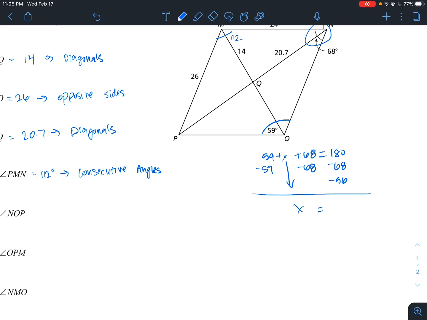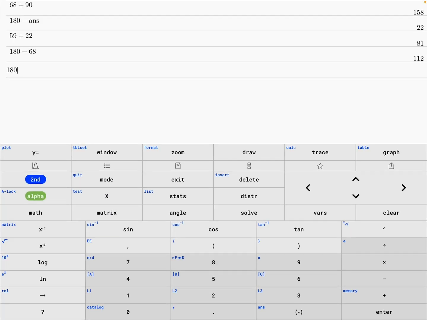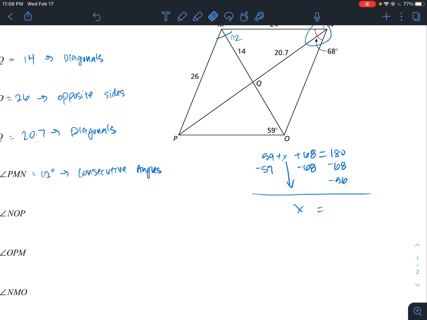So x is equivalent to 180 minus 68, and then minus 59, and I get 53. So this right here is 53 degrees.